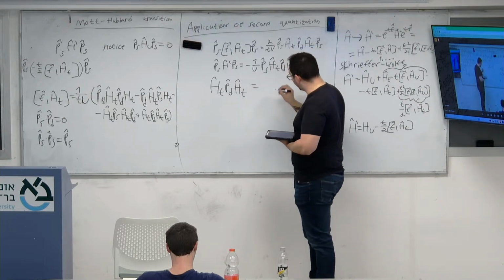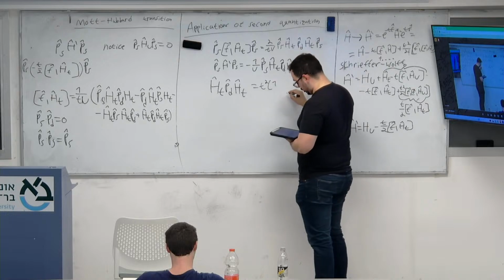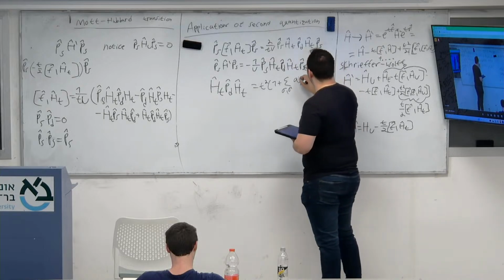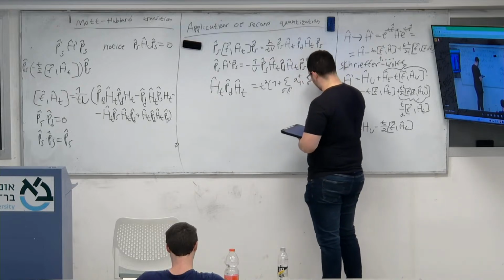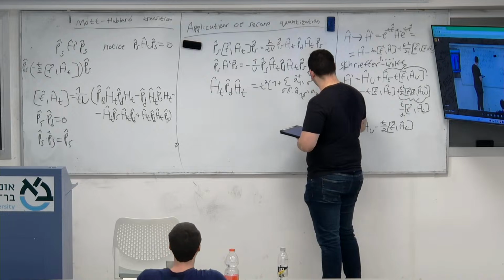It will just be equal to t squared times 1 plus the sum over sigma tilde of A1 dagger sigma A2 dagger sigma tilde times A1 sigma tilde A2 sigma.